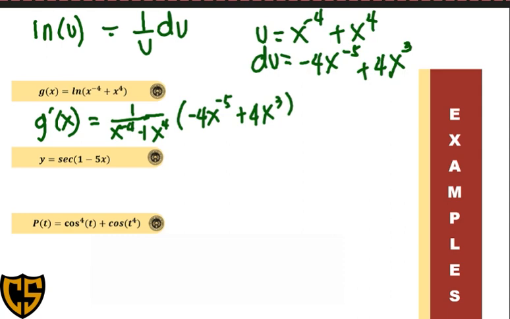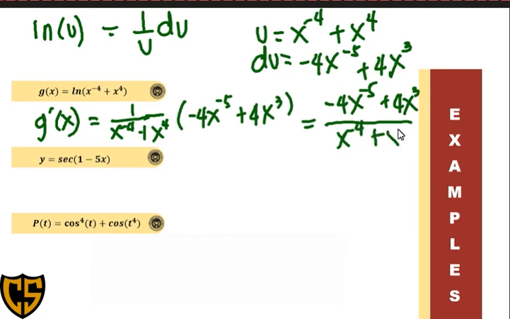So, okay, we can simplify lang. Himuon natin isa lang ka fraction. So, aton answer will be, sa baba will be negative 4x raised to negative 5 plus 4x cubed all over x raised to negative 4 plus x raised to 4. This now will be aton nga final answer.